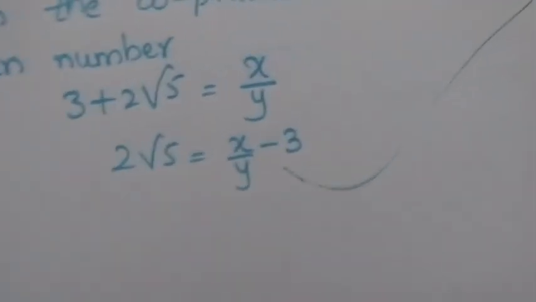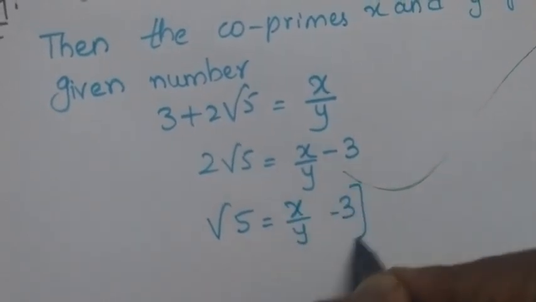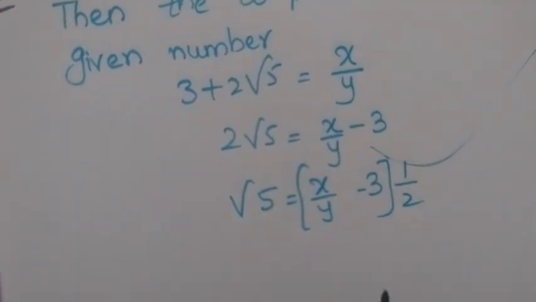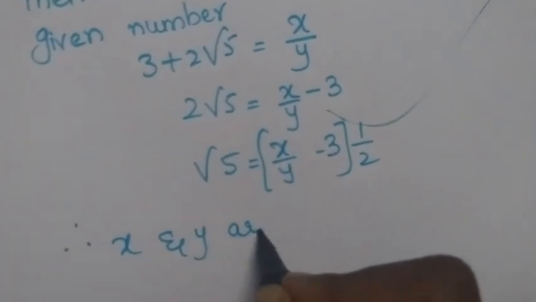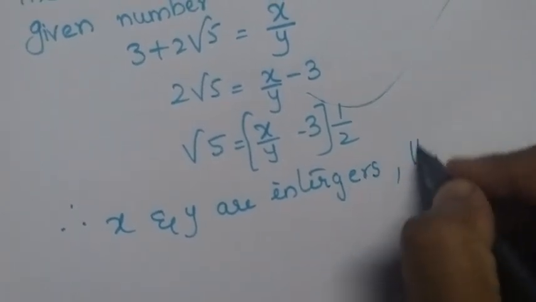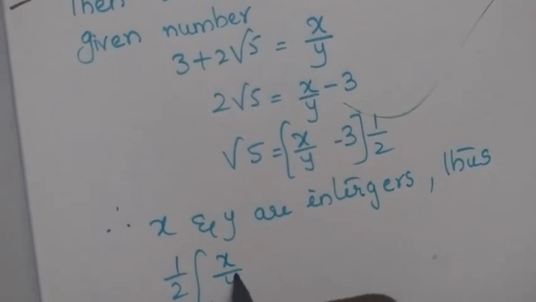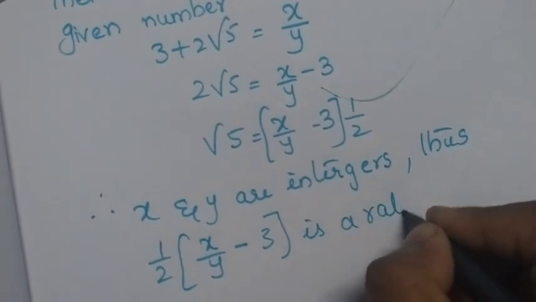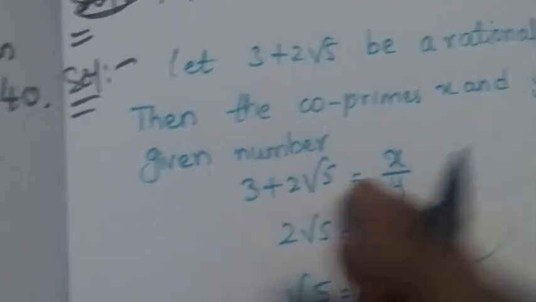Okay. Now root 5 is equal to what? x by y minus 3, 1 by 2. It comes to the denominator, that is 1 by 2. Okay. Since x and y are integers, the obtained value 1 by 2 (x by y minus 3) is a rational number, because we are taking 3 plus 2 root 5 as a rational number.